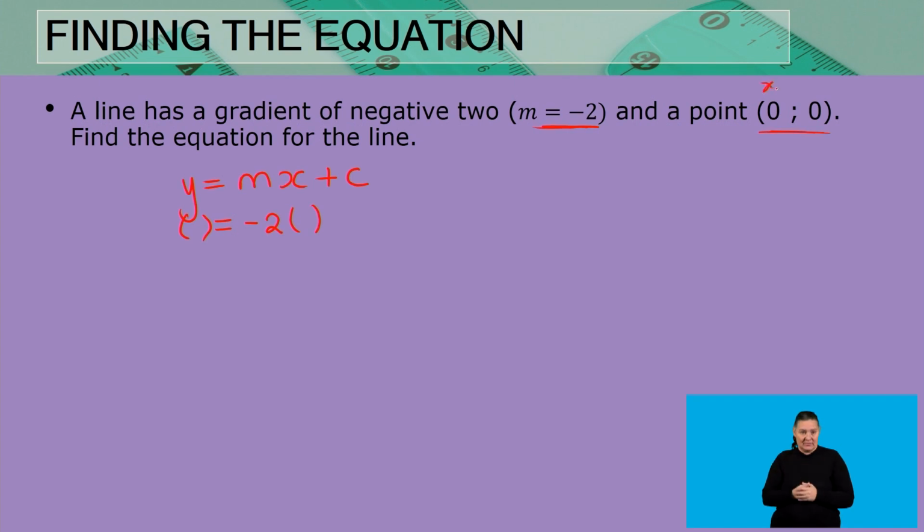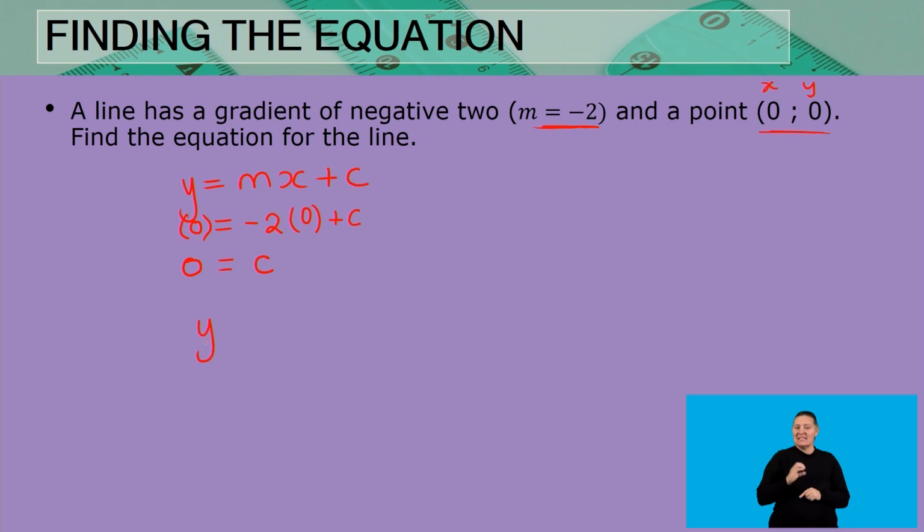Remember, a point represents x and y. It is an ordered pair. So I'm going to substitute x with 0 as shown in the pair, and y with 0 as shown in the pair as well. And that is going to say now negative 2 multiplied by 0, that is 0. We are only left with c on this side and 0 on the other side. So the y-intercept here is 0.